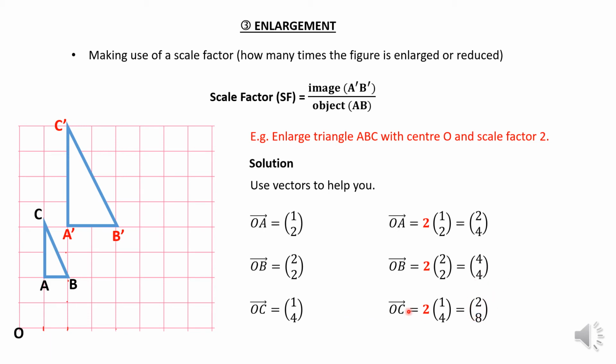O to C, for example, is 1 across and 4 upwards. When you multiply that by a scale factor of 2, 2 times 1 is 2, and 2 times 4 is 8. So see the new place of C, where you have 2 places across and 8 places all the way up. That should do it when you have such a question.